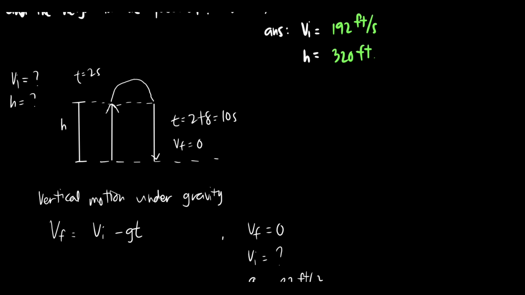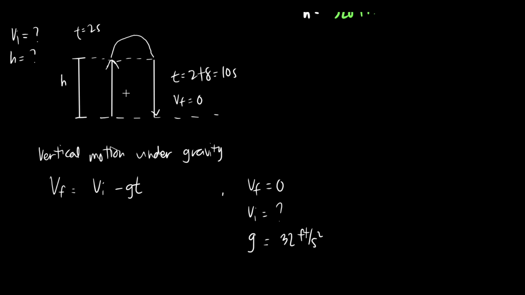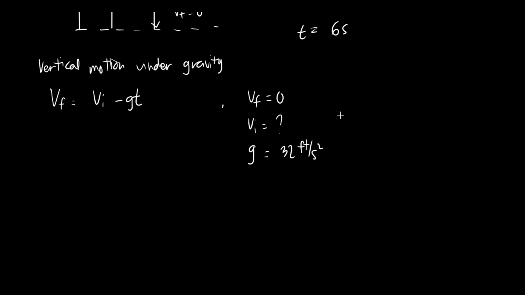There is a time to reach the maximum height, so we don't know the exact time here. So to solve for t, we just average the two times. So 2 seconds plus 10 all over 2. 12 divided by 2 is equal to 6 seconds. So time is equal to 6.